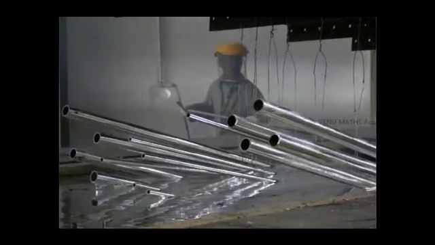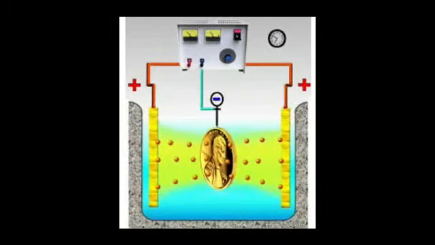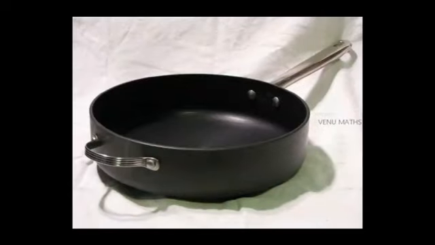Next, the electroplating method. Here, one metal is coated with another metal using electric current, and this is said to be electroplating. Next, the anodizing method. This is also an electrochemical process.